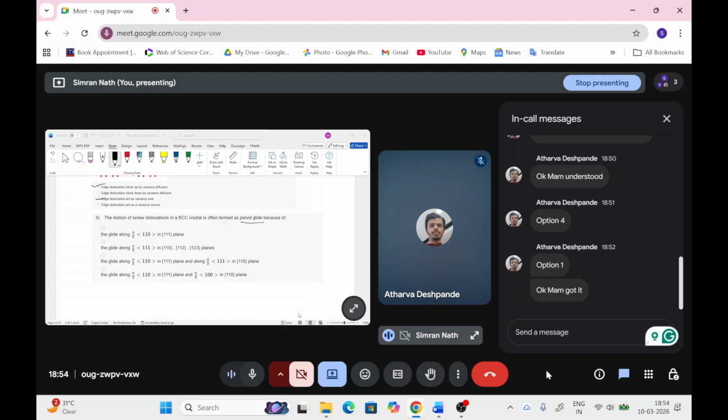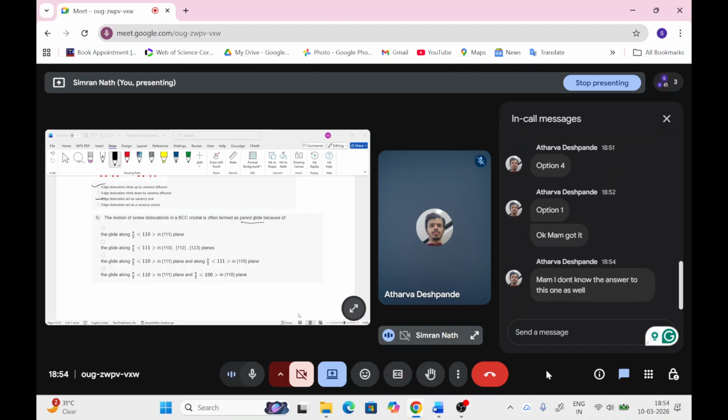We just now discussed that a BCC crystal has three planes and one direction.